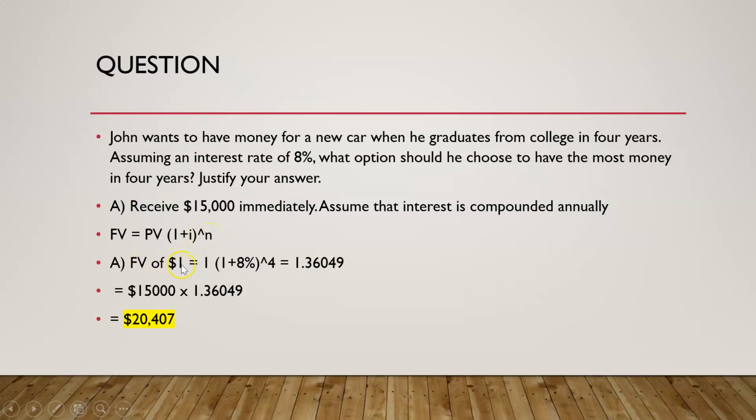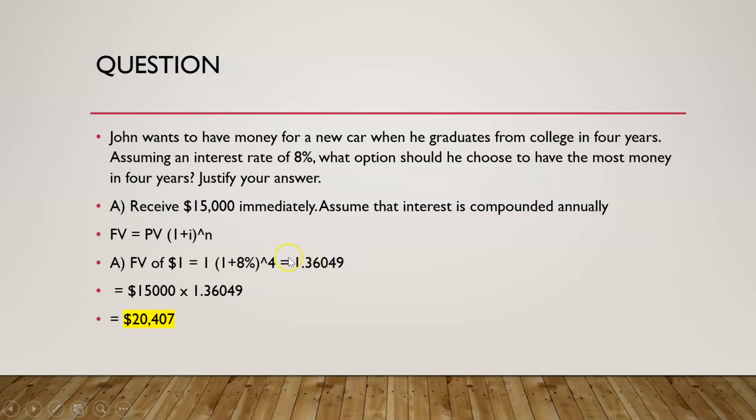So for the future value of $1, the present value is 1 times 1 plus interest, which is given to us as 8%. So 1 plus 8%, that's 1.08, to the power of the time. It is said here that he graduates from college in 4 years, so the time given to us is 4. We use this formula and we find the value as 1.36049.